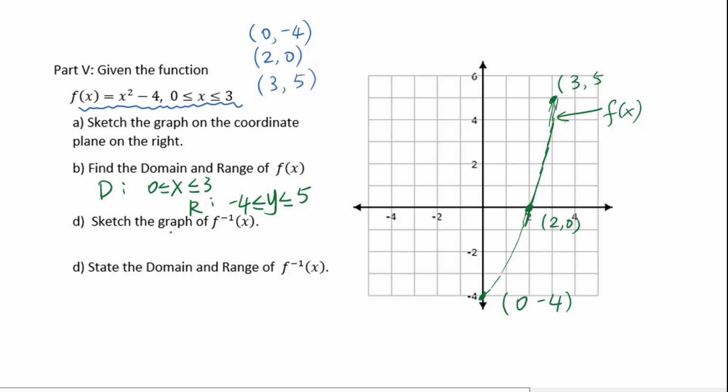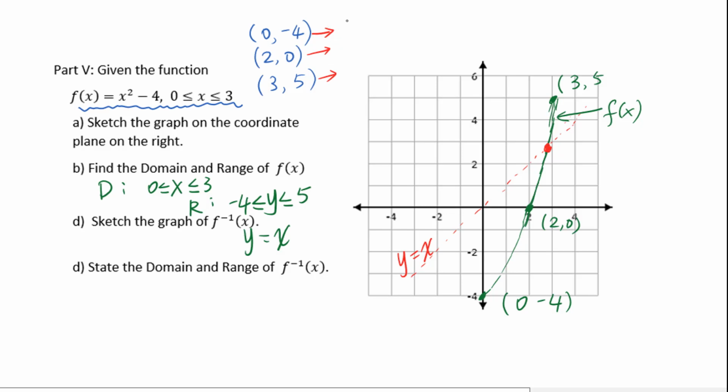For C, sketch the graph of inverse of f of x. We know any function and its inverse function will be reflected across y equals x. First step, you need to draw y equals x. The intersection of f of x and y equals x will be on the graph of inverse. Then we switch the coordinates of the points on f of x.